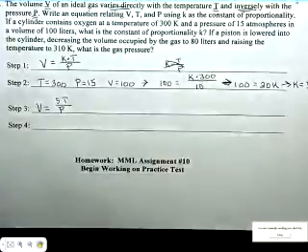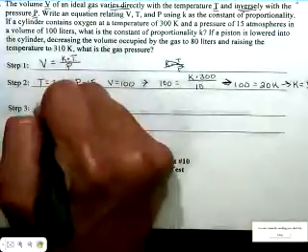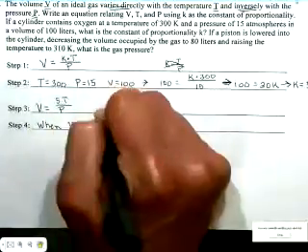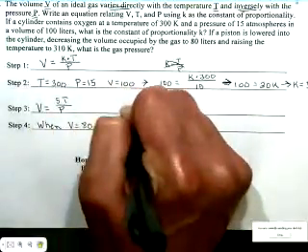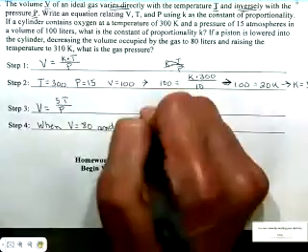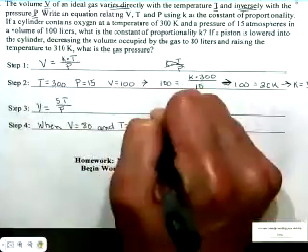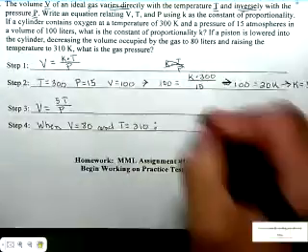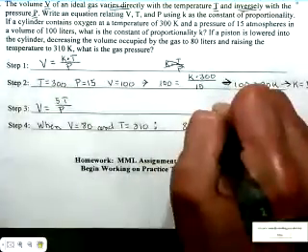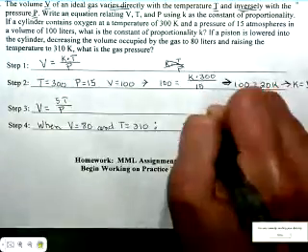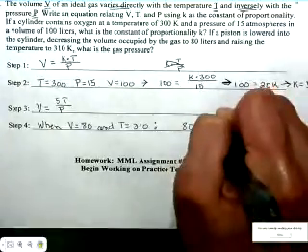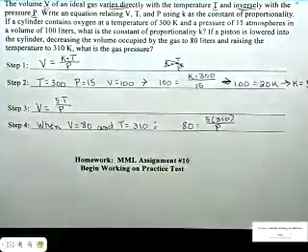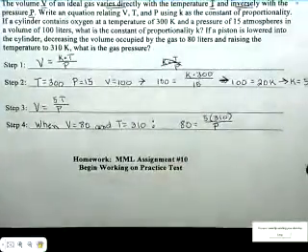Okay, so when V equals 80 and T equals 310, we have 80 equals 5 times 310 divided by P. How do you solve that for P?